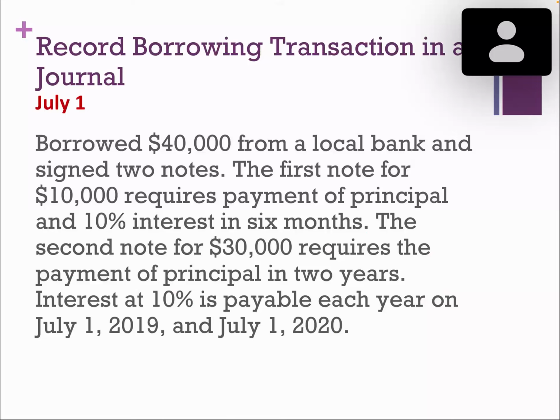Okay, so let's see here. We borrowed $40,000 from a local bank and signed two notes. First note for $10,000 requires payment of principal and 10% interest, and then the second note for $30,000, and so on. It talks about all that other stuff. So we're not worried about anything into the future, right? We're just focused on this very moment, and this very moment is we're receiving $40,000 of cash and $30,000 of cash, and they're both loans, right?